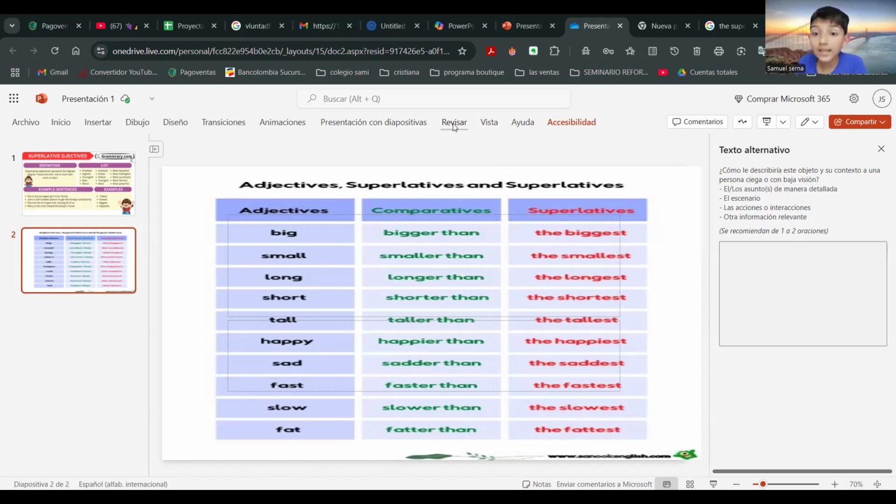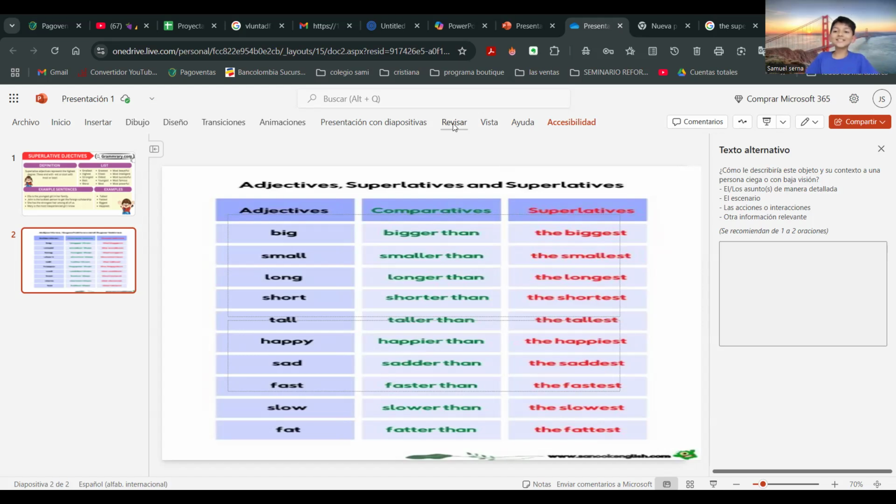In the superlative I use it, for example, when your friends are speaking of this toy being shorter than Raúl's toy, and you say this toy is the shortest.